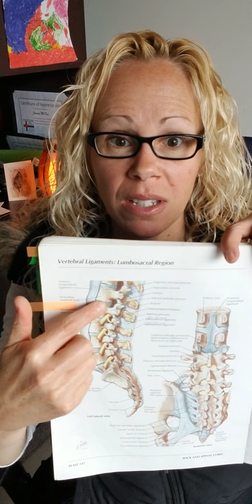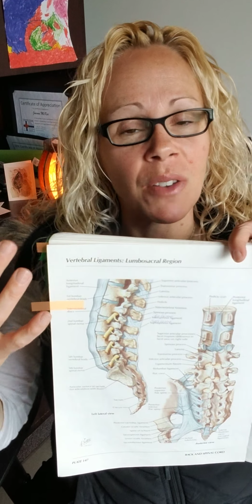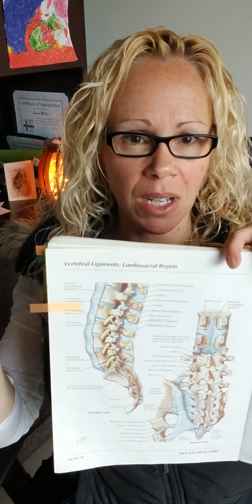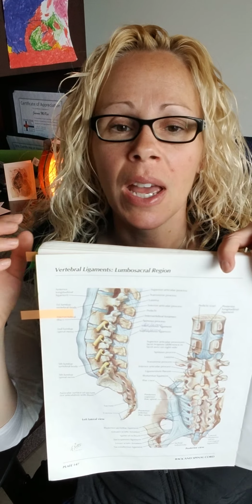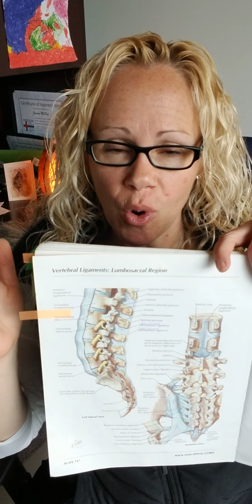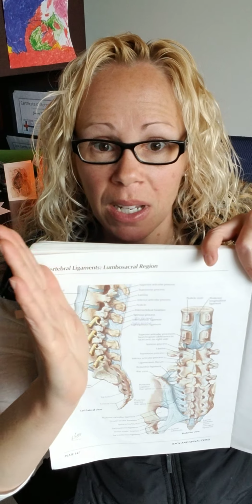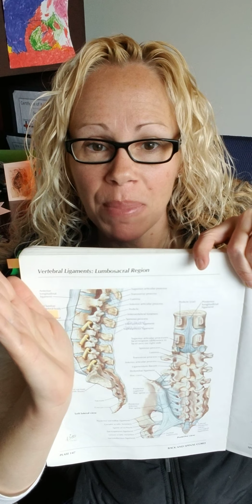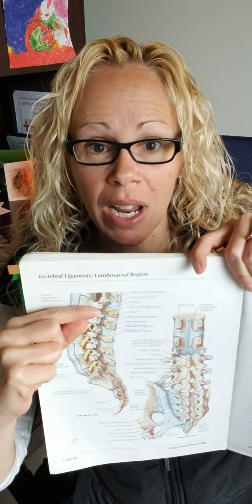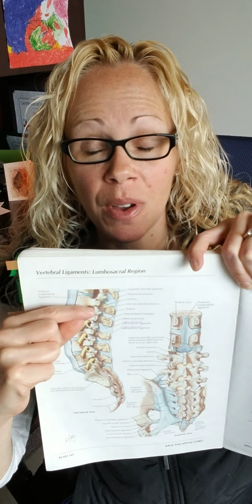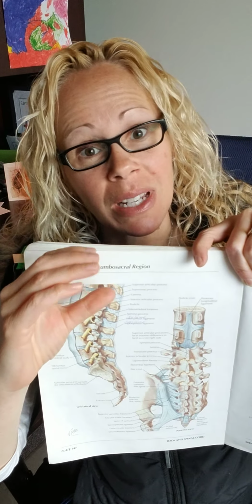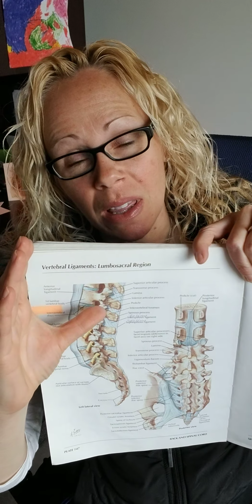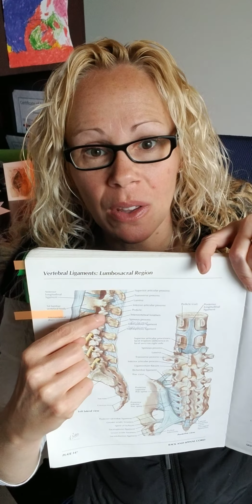And the discs are nice and comfortable there because let's say you're standing in the best upright position that you can have. As soon as you bend forward, if you picture these two bones separating there, you're going to have an opening here. So that space where the nerve root comes out is going to get bigger because you're opening things up. You are gapping the bones here.